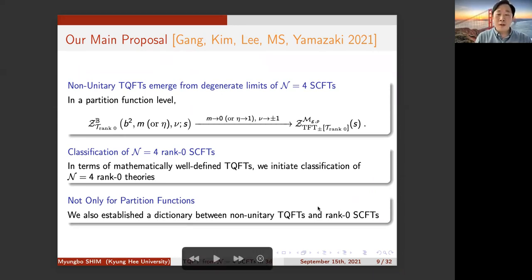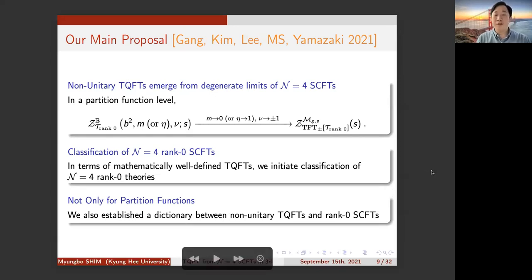And second, we can initiate the classification of N=4 rank-0 superconformal field theories. Because topological field theory is mathematically well defined in the language of modular tensor categories, and the classification of modular tensor categories has been intensively done by mathematicians, we map the classification of superconformal field theory to the classification problem of topological field theory.